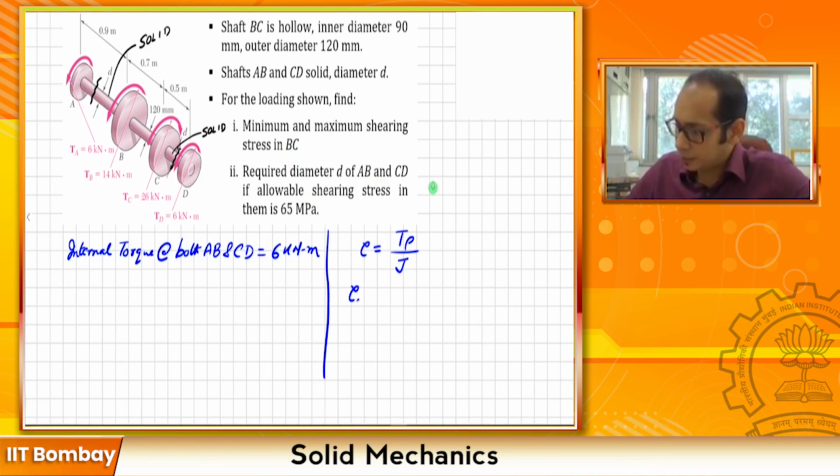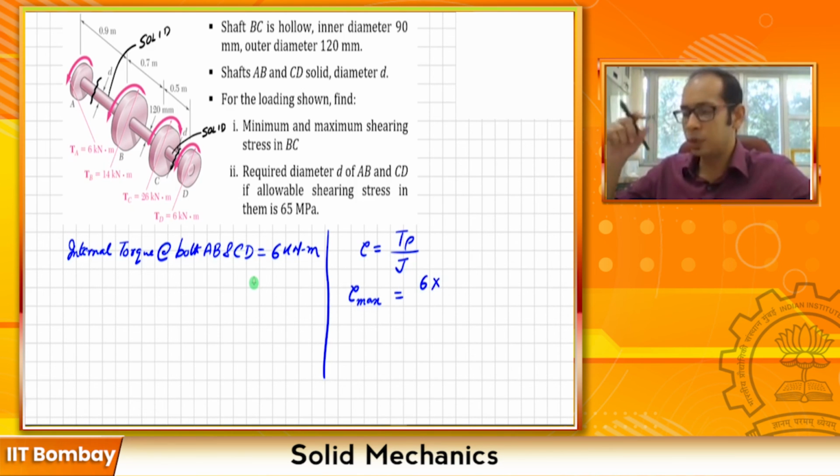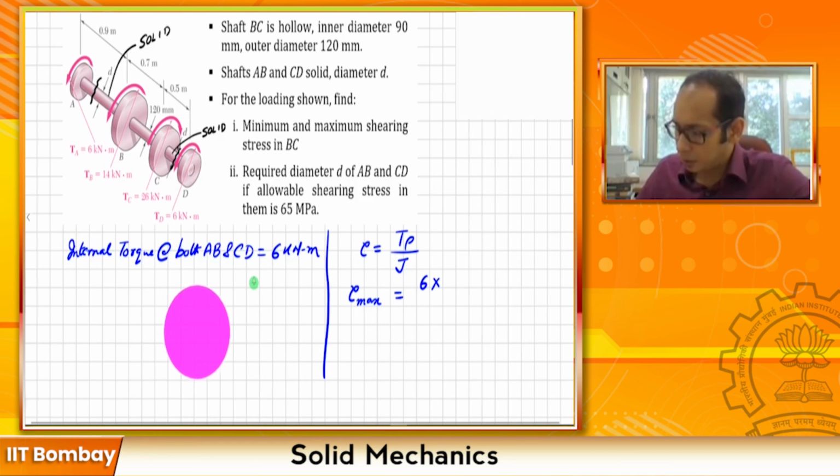So your tau max is going to be the internal torque occurring at either AB or CD, which we have just calculated as 6 kilonewton meter. So it is going to be 6 times rho at the outside periphery. Let me draw the cross section.